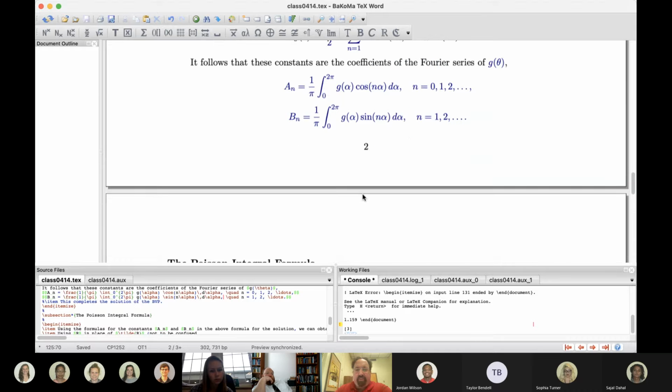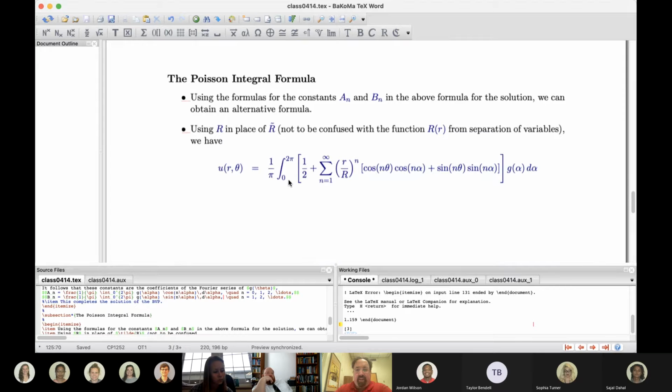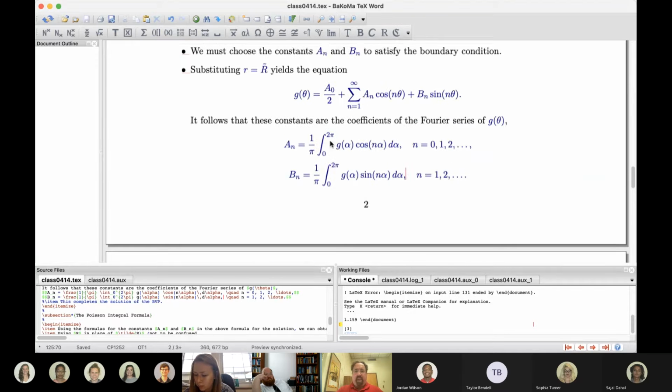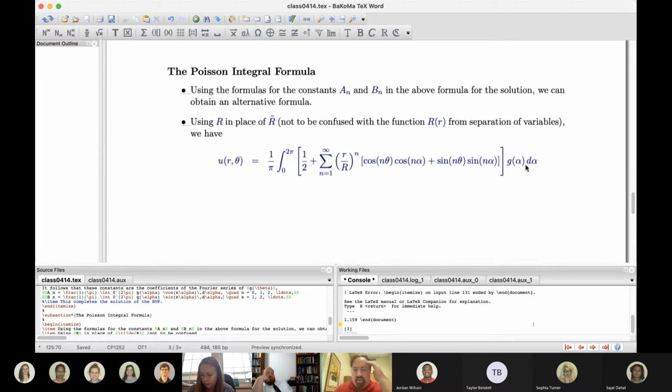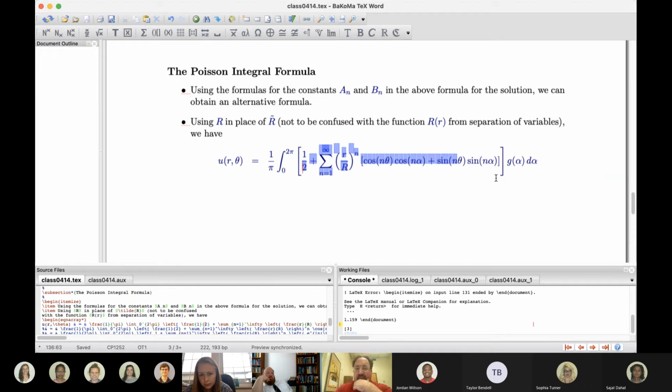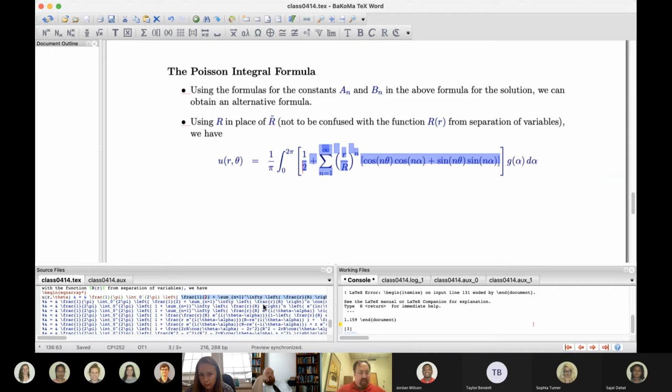And once I do that, and I still have 1 over pi on the outside, then I have this. And g of alpha is involved in every single integral of these A's and B's. So that can be factored out, but still kept inside the integral. So that's why it's sitting out here. So what I can do now is focus on this expression in the square brackets that is independent of the boundary data, and see what I can get.